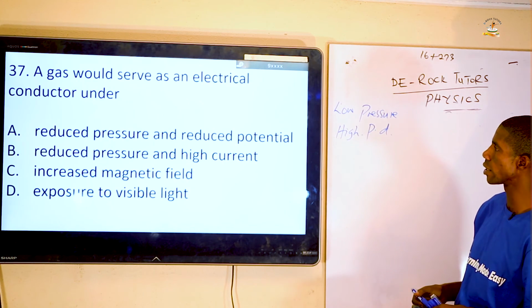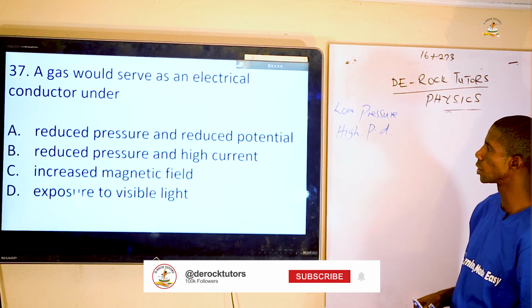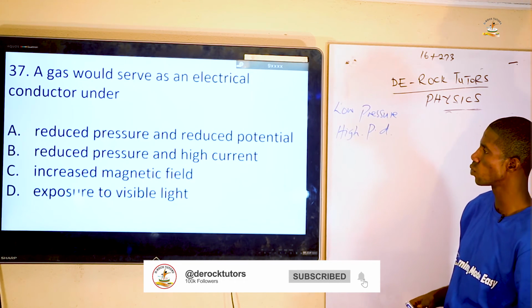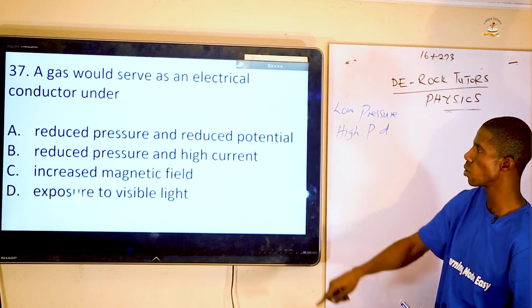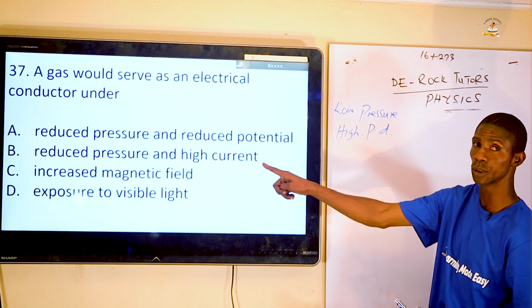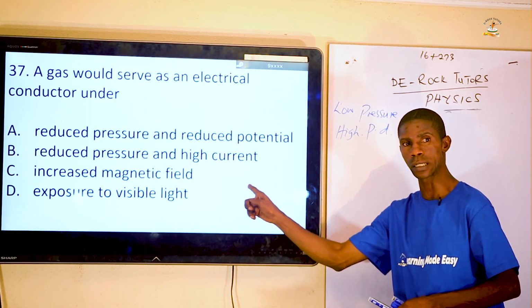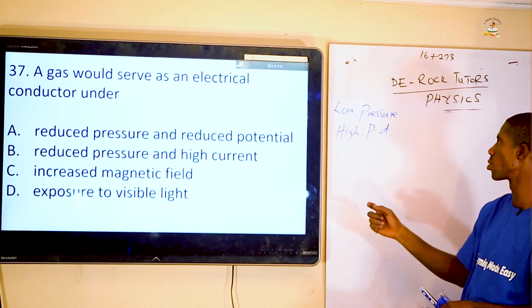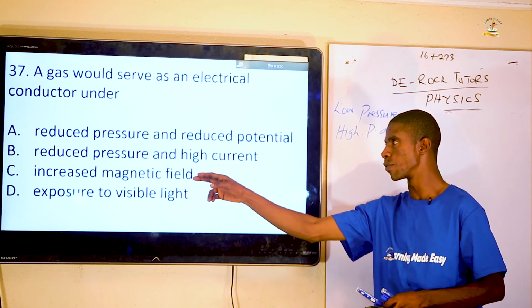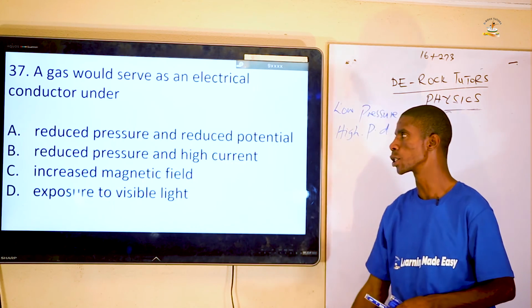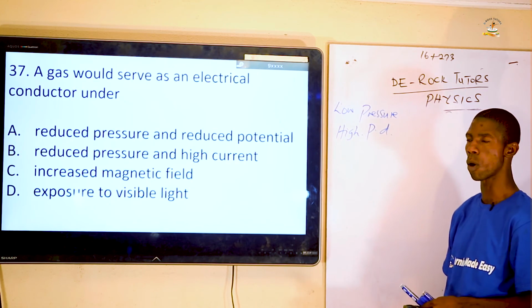So we'll check the options. Reduced pressure and reduced potential, no, but we can have reduced pressure and likewise high current, because current will eventually result from difference in potential. So the answer to that question is option B, reduced pressure and high current.